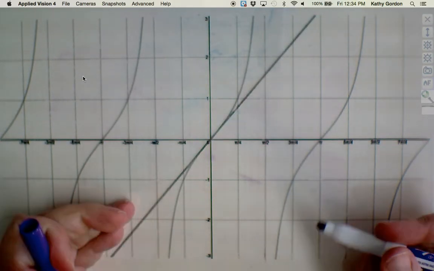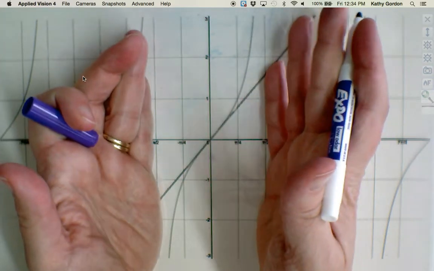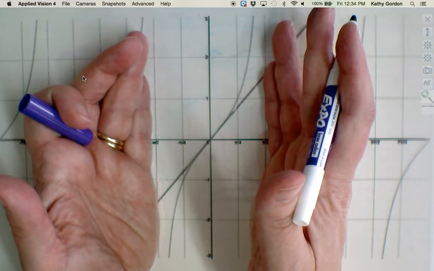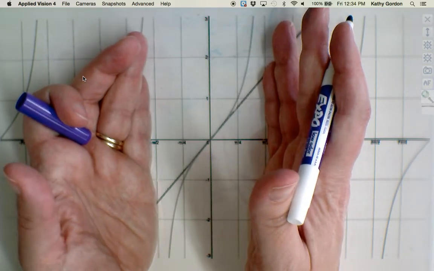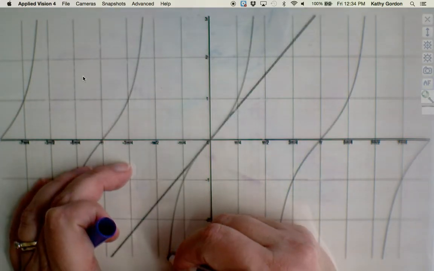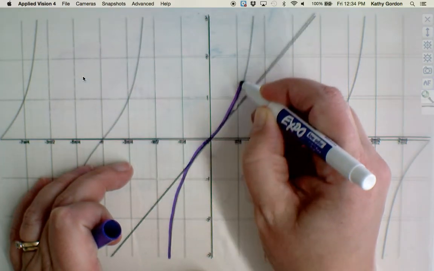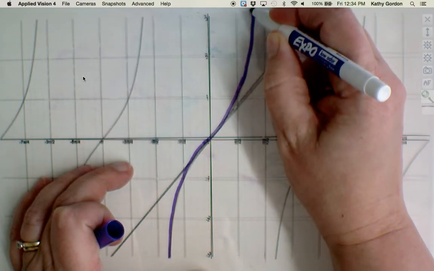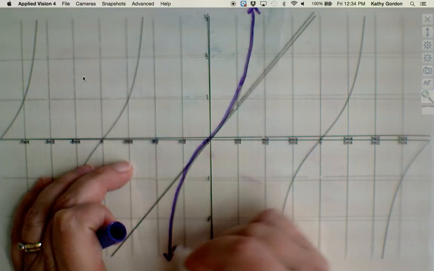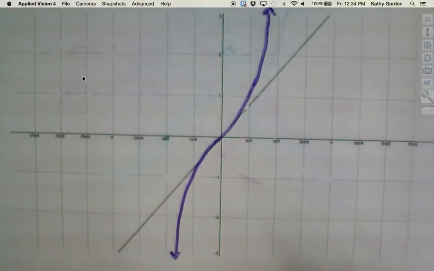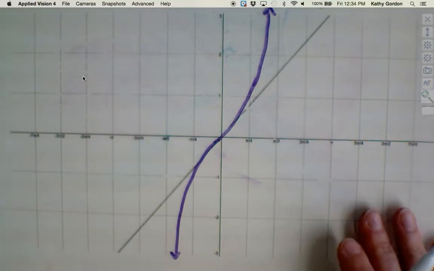Okay, so basically I need to limit to one curve that's between the asymptotes. Right? Then I'd be fine. So I just need this one curve right here. Now do I have something that passes my horizontal line test?